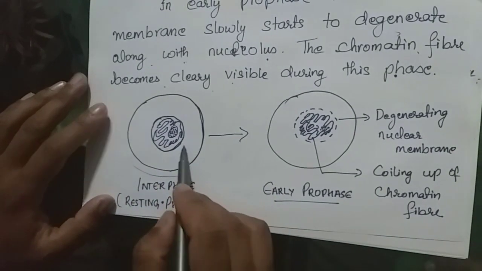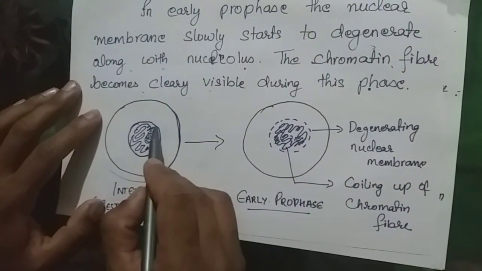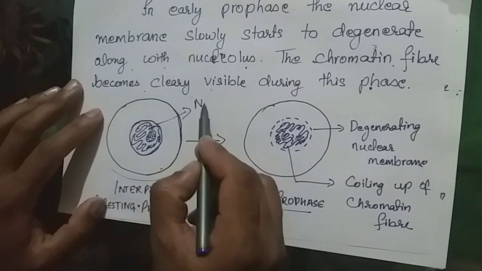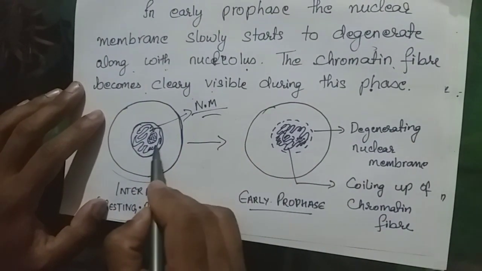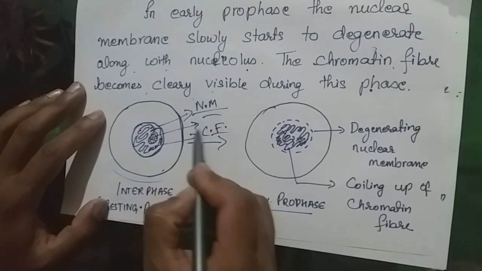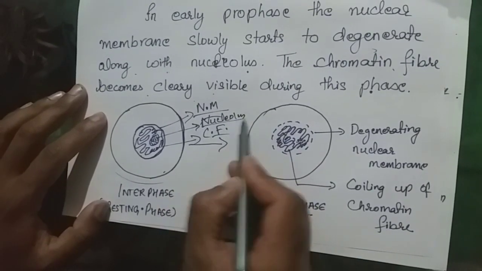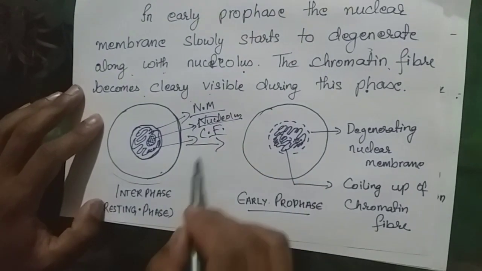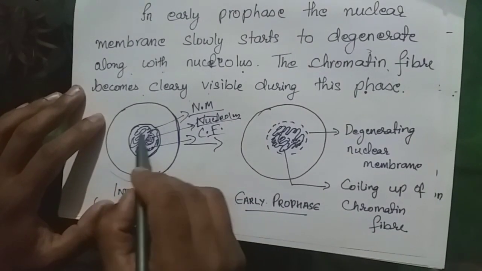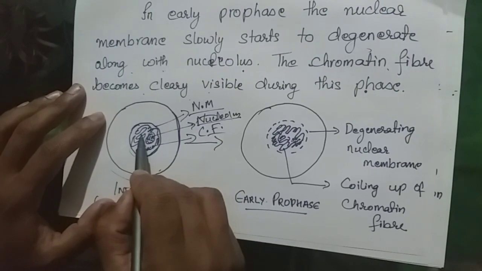After the interphase there will be early prophase. This is the nuclear membrane, these are chromatin fibers, and this is the nucleolus. In interphase you can clearly see the nuclear membrane, nucleolus, as well as chromatin fiber.